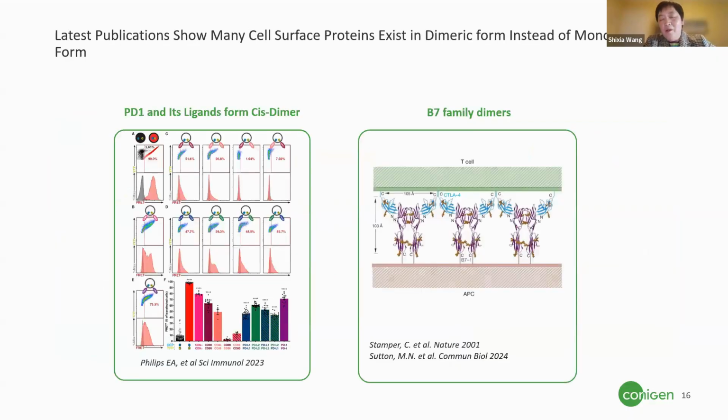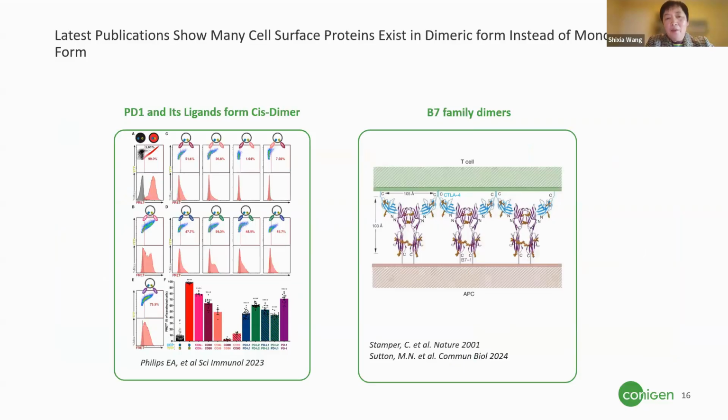In the past, because of technology limits, we thought many proteins were monomeric. With technological and scientific advances in the last decades, more and more proteins were identified as dimers instead of monomers.